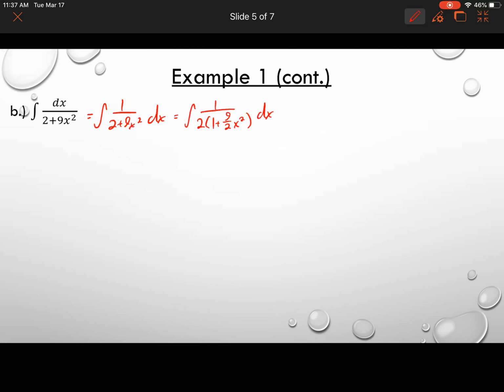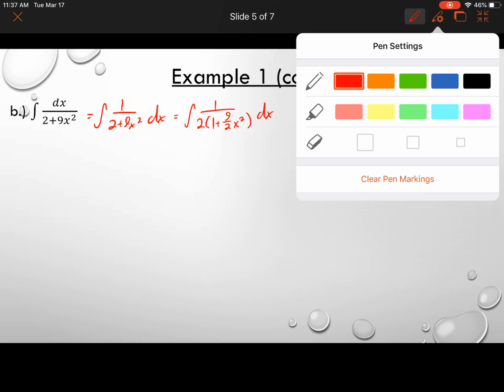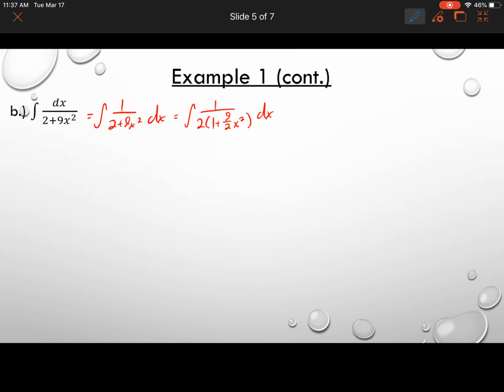So now the next tricky part is what we were doing before. We turn the 2 into a 1. Now we have to turn this 9 halves x squared into something squared. Well, the x squared is obviously just going to be an x.